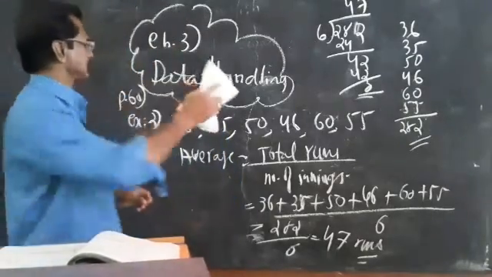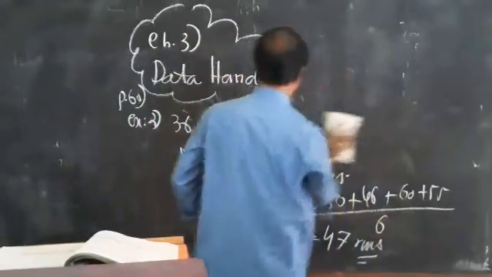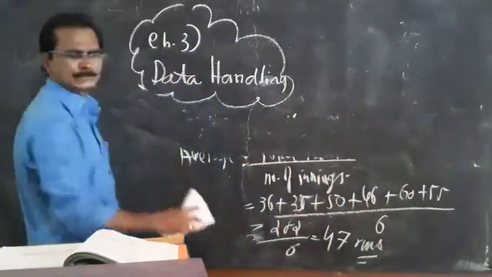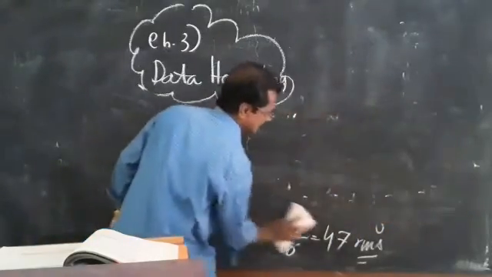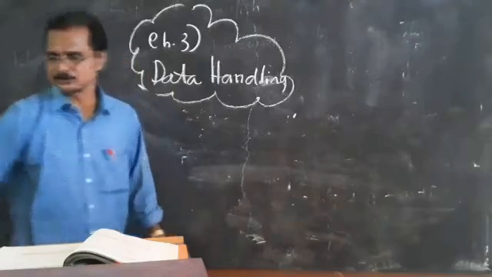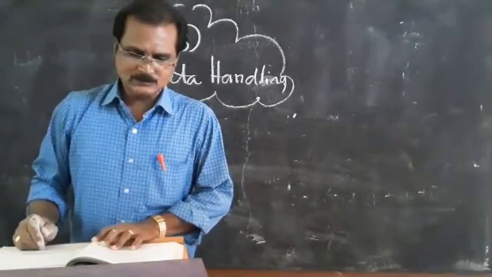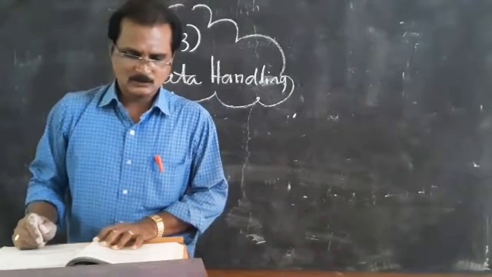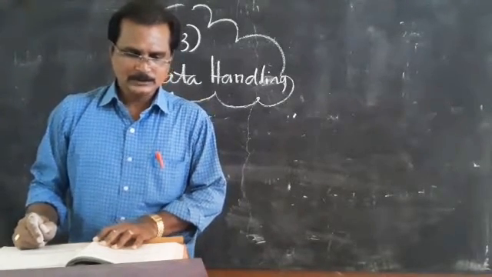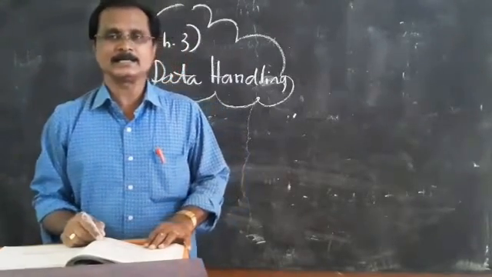We will take one more example from page number 62. Please take page number 62. The ages of each of 10 teachers of a school are given: 32, 41, 28, 54, 35, 26, 23, 33, 38 and 40.